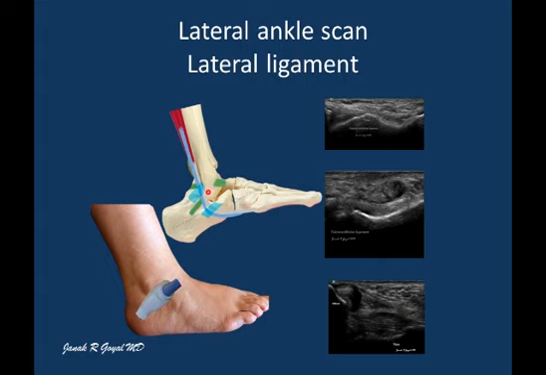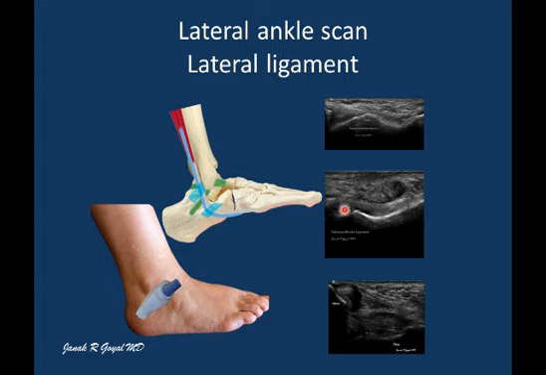Now place your transducer on the lateral malleolus and the posterior part of the heel to examine the calcaneofibular component of the lateral ligament located deep to the peroneal tendons. Here are your peroneal tendons, and here is your calcaneofibular ligament, and here is the lateral malleolus and the posterior part of the lateral aspect of the heel.